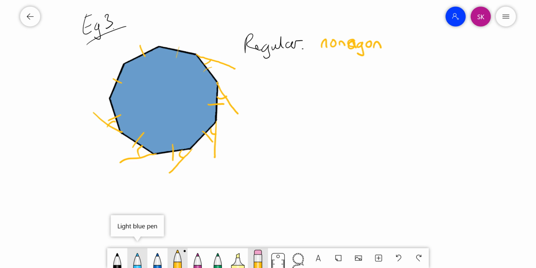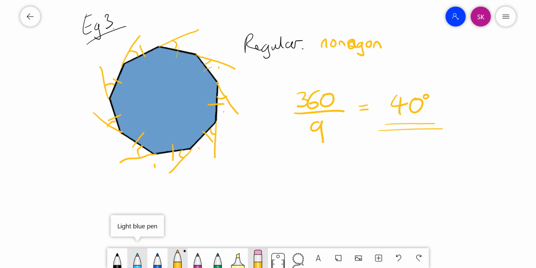If the sum of the exterior angles is 360, then to find one exterior angle, I do 360 divided by how many there are, which is 9. And so therefore, the size of one exterior angle of this shape is 40 degrees. Each of these exterior angles is 40 degrees.